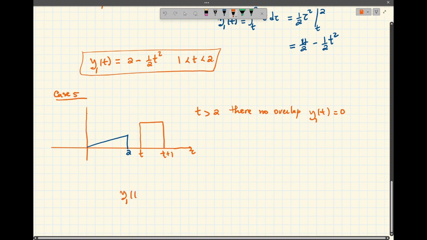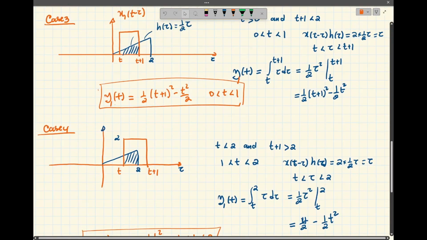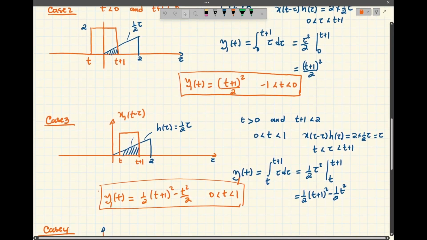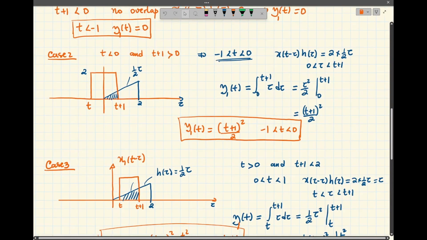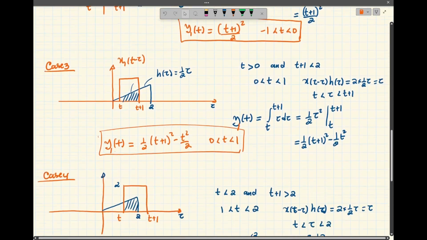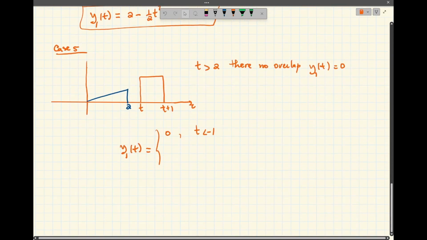So y1 of t is equal to 0 when t is less than -1. Then it is equal to (t plus 1) square over 2 when -1 is less than t less than 0.